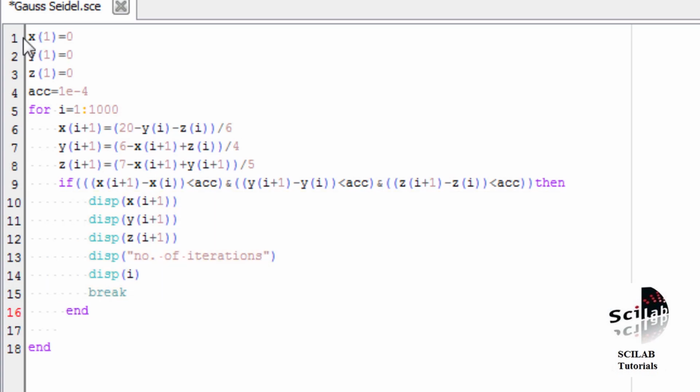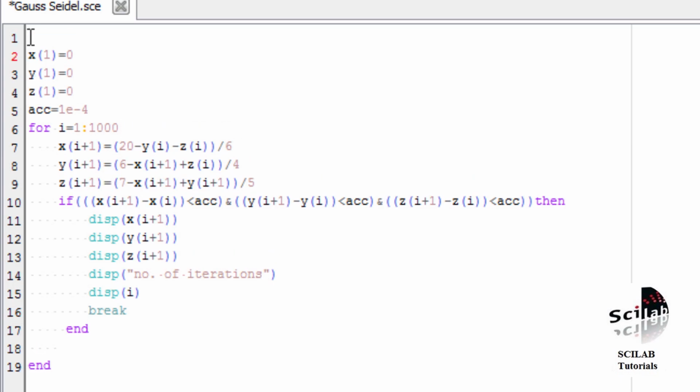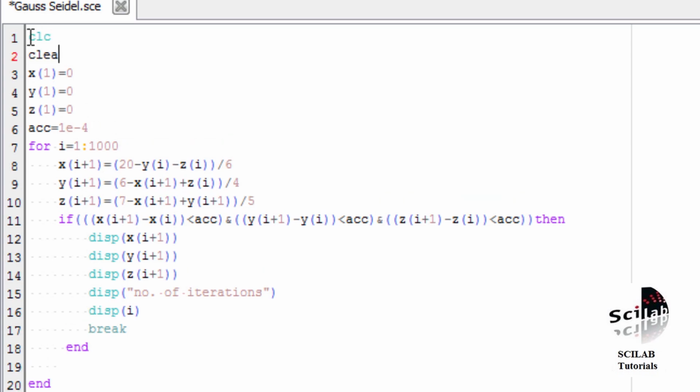Okay. So before the starting of the code, we will use these two commands, clc and clear. clc will clear the console so that we can observe our output more clearly, and the clear command will clear the memory of Scilab so that we can get the desired result without any error because of previously stored data.